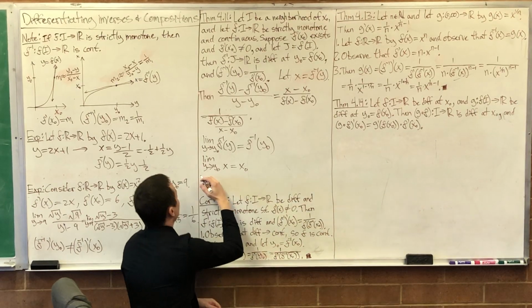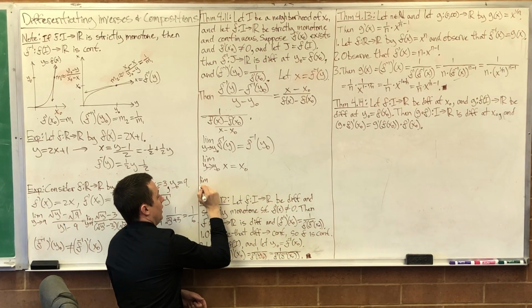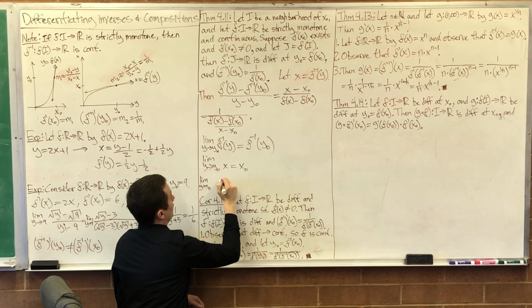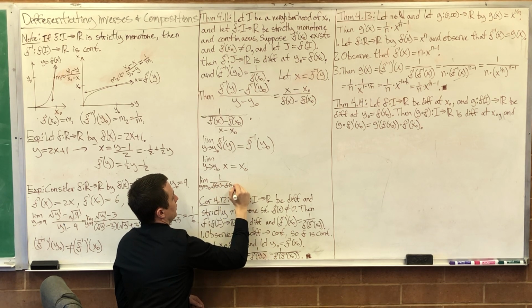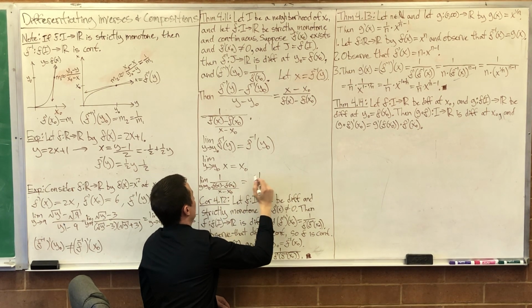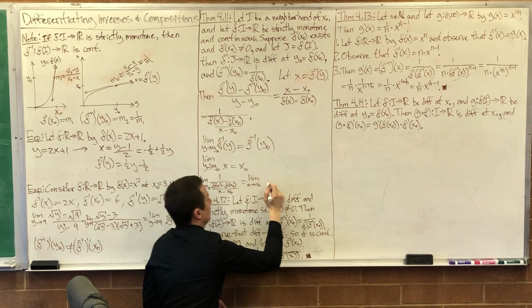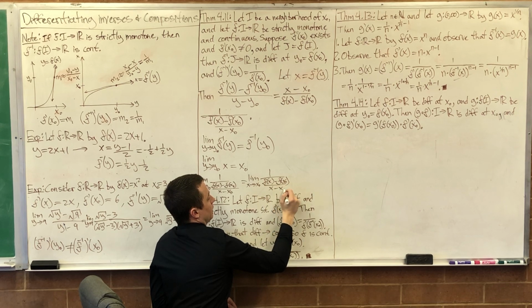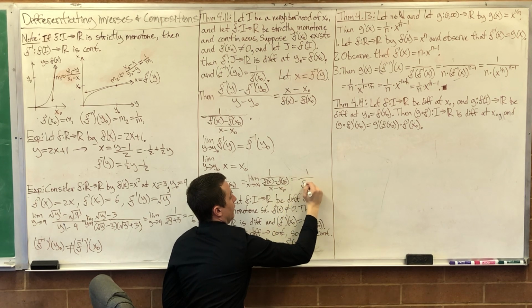So then, the limit as y approaches y naught of this function, 1 over f of x minus f of x naught, all over x minus x naught, is equal to the limit as x approaches x naught of 1 over f of x minus f of x naught, all over x minus x naught, which is equal to 1 over f prime at x naught, which is what we were after.